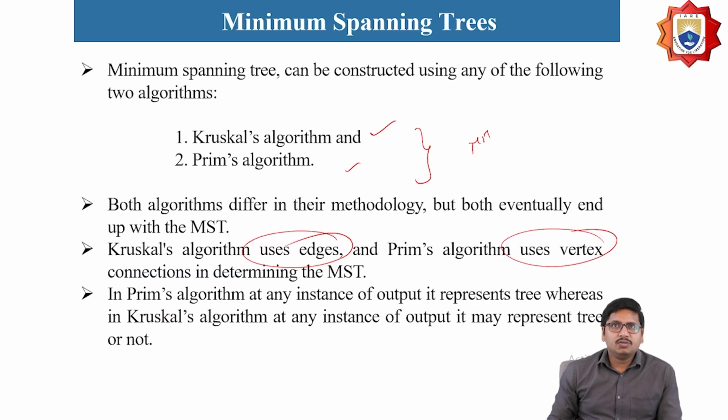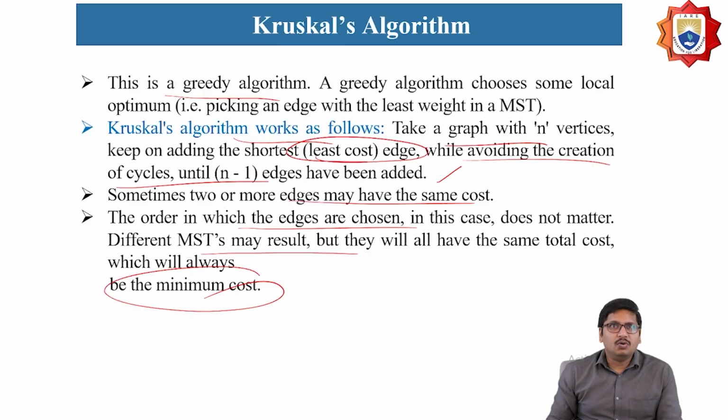For implementing minimum spanning trees, we have two kinds of algorithms: Kruskal's algorithm and Prim's algorithm. Kruskal's algorithm uses the edges, whereas Prim's algorithm uses the vertex connections. In Prim's algorithm, at any instant the output represents a tree, whereas in Kruskal's algorithm, at any instant the output may or may not represent a tree.